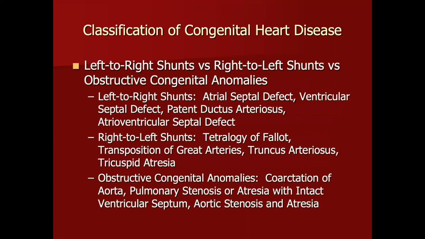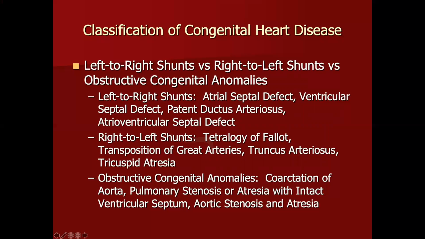Defects can also be classified structurally, and this allows for the inclusion of the obstructive class of congenital heart disease. It's important to note that several defects frequently coexist and occur along a spectrum of disease.